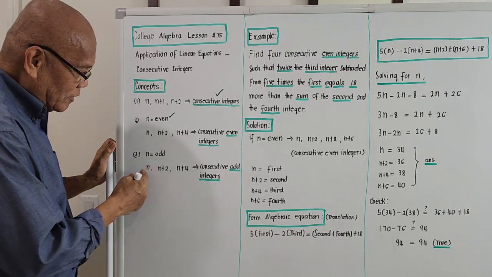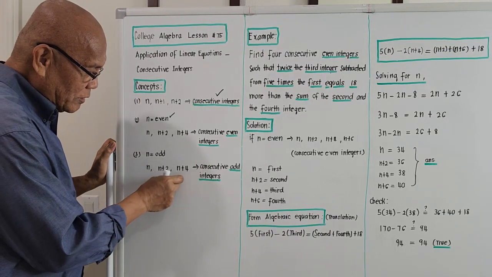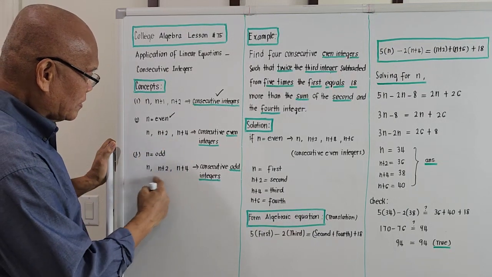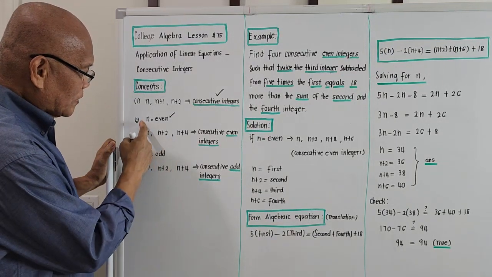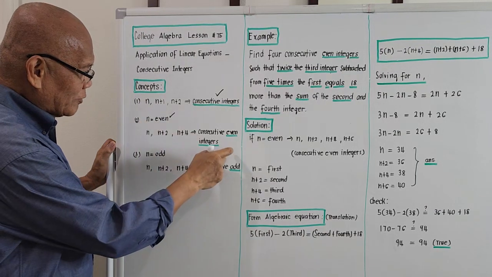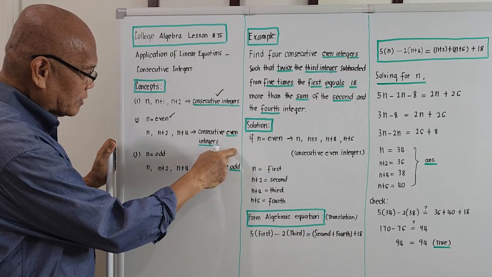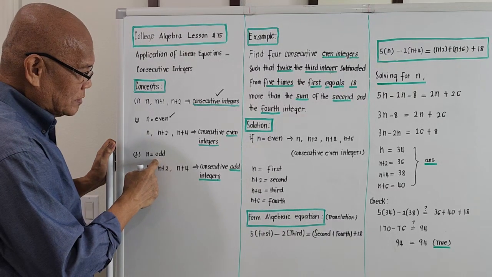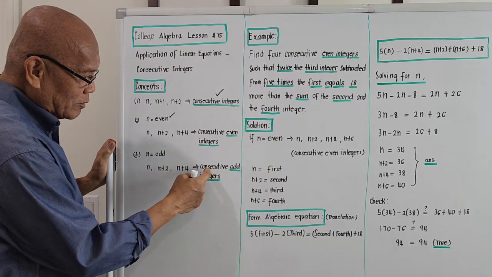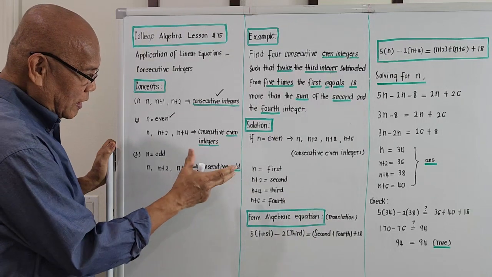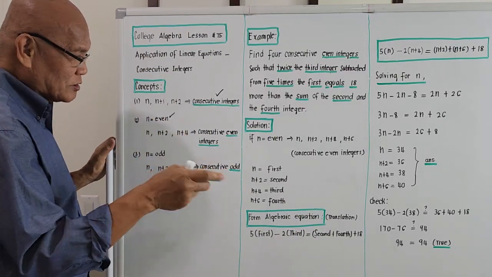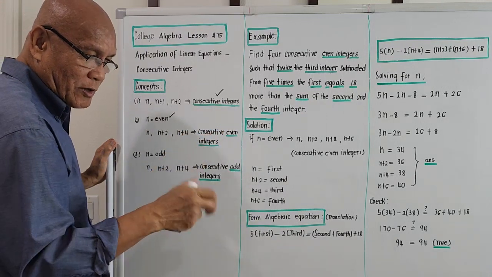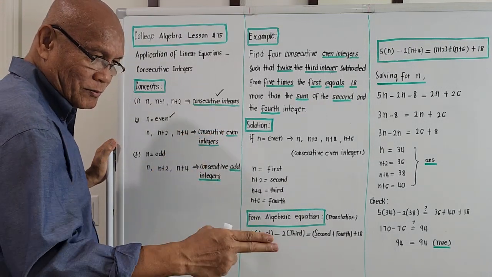It's still the same: n plus 2, n plus 4, n plus 6. Actually, they are just the same. But if n is even, what will come out is an even consecutive integer, and if n is odd, what will come out will be a consecutive odd integer. Unlike the first one, it is just a plain consecutive integer. It doesn't say if it is odd or even, they are just consecutive.